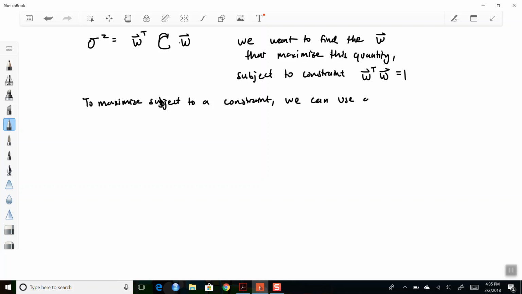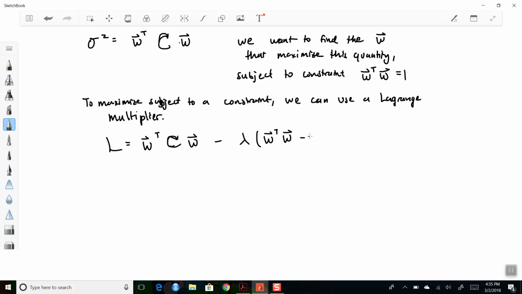And so we'll say L is equal to W transpose C W minus lambda times W transpose W minus 1, okay?